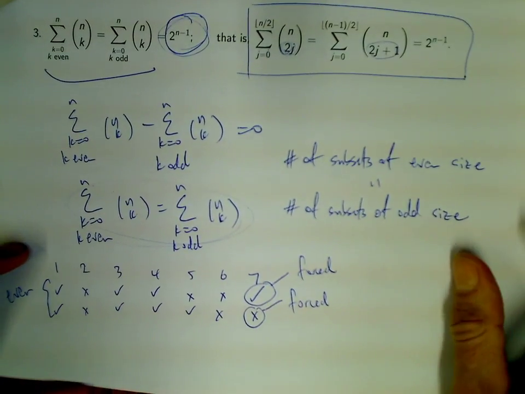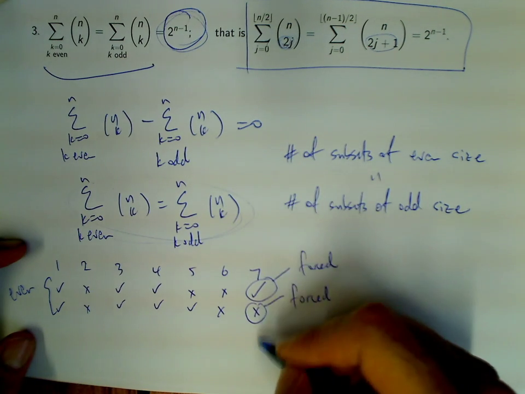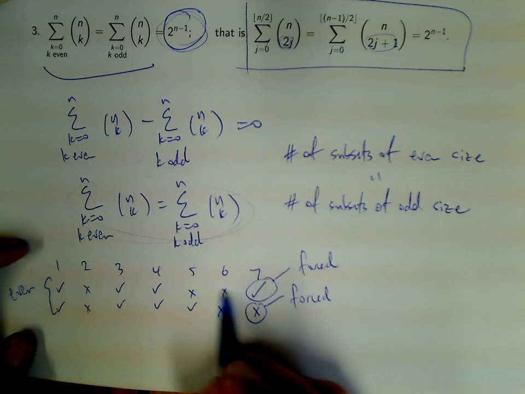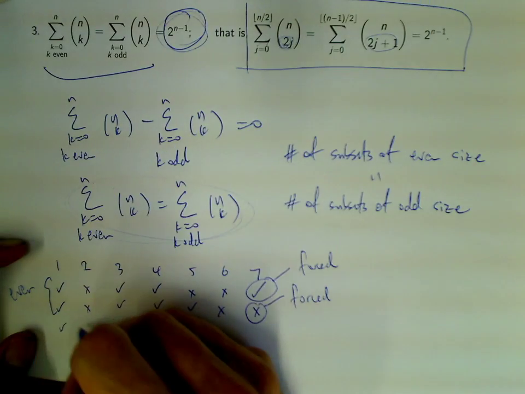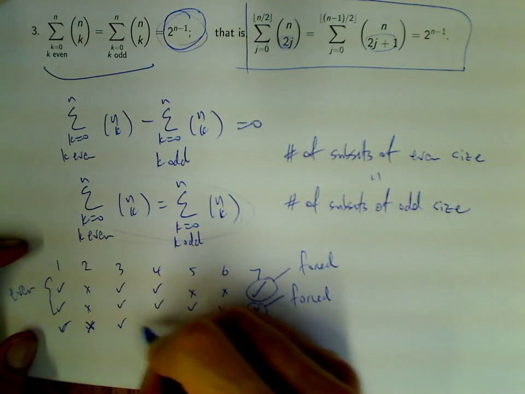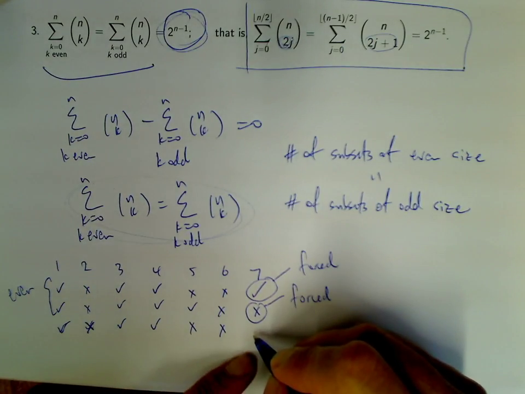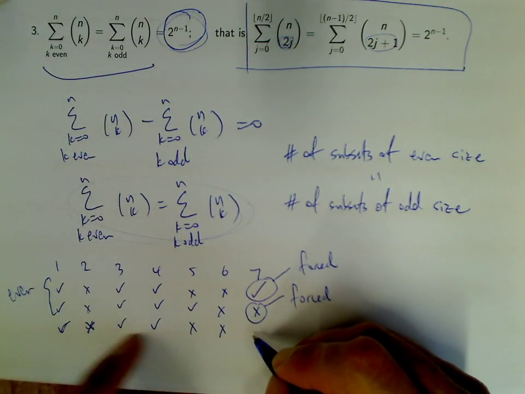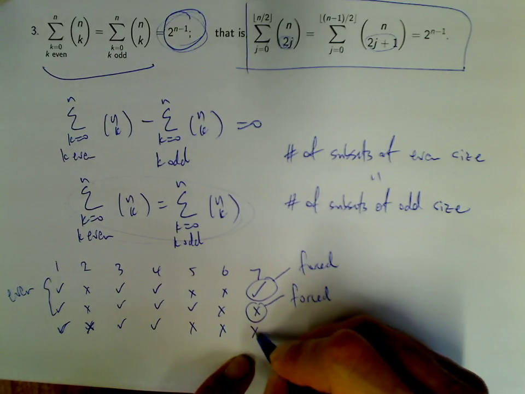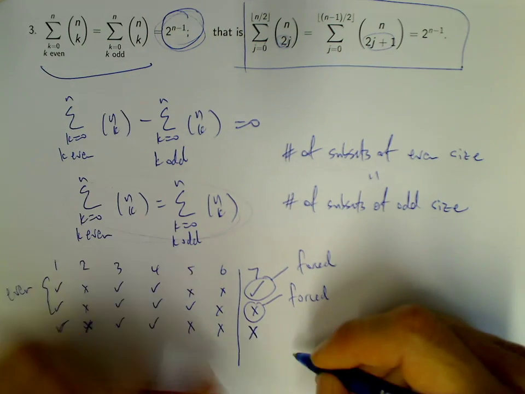In the same way, if I'm trying to choose an odd subset, then my decision at the last one is forced. So if I went yes, no, yes, yes, no, no, and I was wanting to choose an odd subset, I've already got an odd number. If I choose this one, I'll end up with an even number, and so this decision is forced again. So the last decision is always forced.